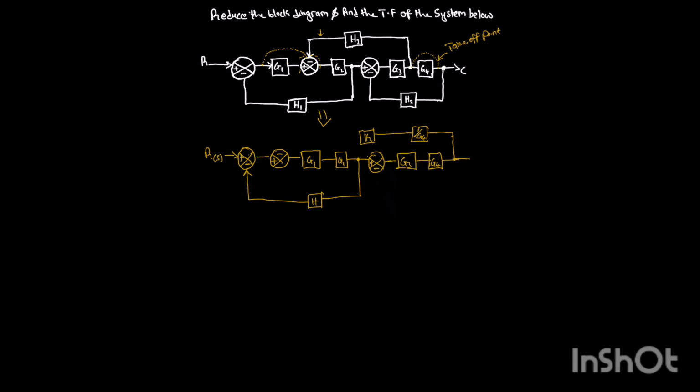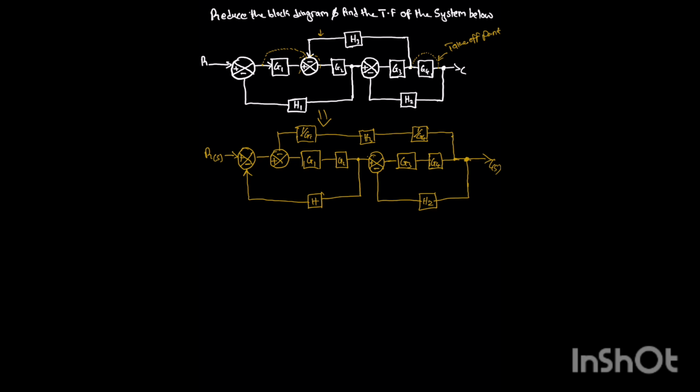Because we moved this summing point over to this place, I'll also be adding the actual gain, which is 1 over G1. So I join them. This is how it's going to be. Then here we have H2.